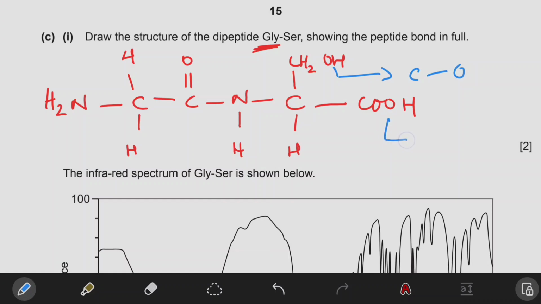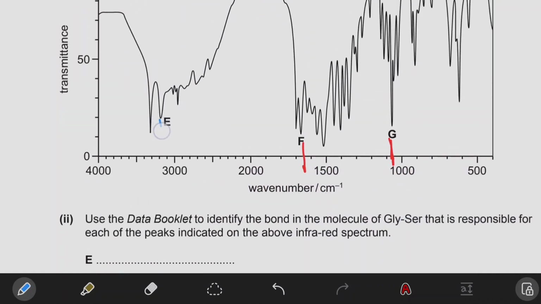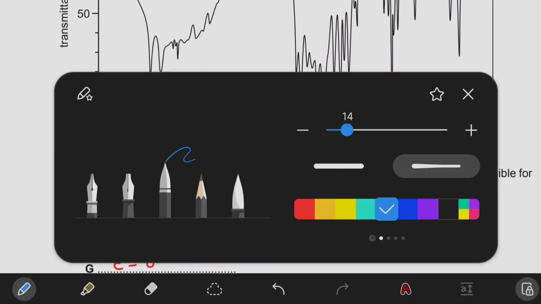Okay, and for E, 3300. It could be OH or NH because the NH range is 3300 to 3500, and OH is quite a lot. And both of them are present in this structure, NH, OH. So you can write either of them.